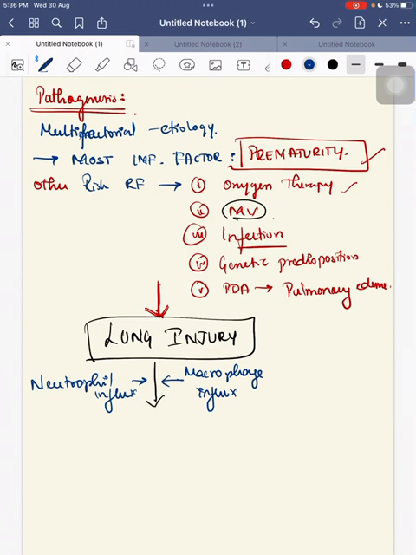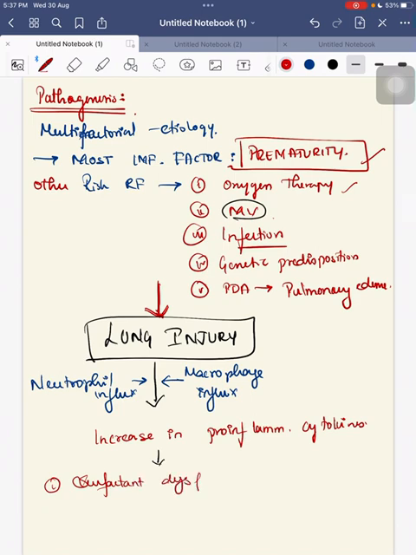This can lead to an increase in pro-inflammatory cytokines. Everything will lead to, first, surfactant dysfunction. Second, failure of alveogenesis, because it is a premature lung.